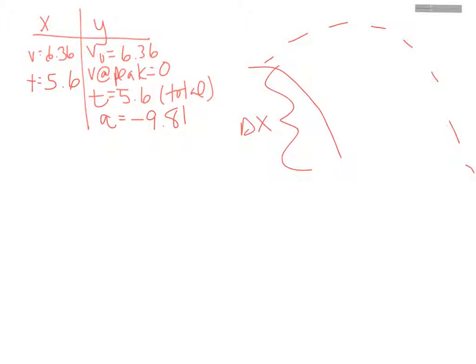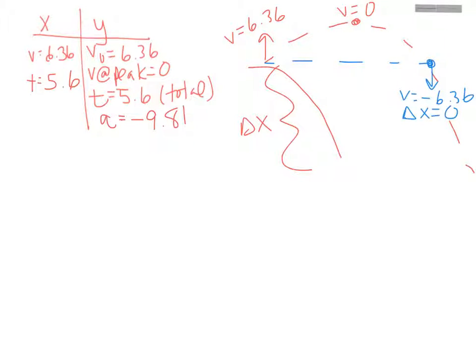So I know here this vertical velocity is 6.36. The velocity here is 0. And this exact same point across right there, that velocity is going to be negative 6.36. And we also know that that displacement at that point is 0.